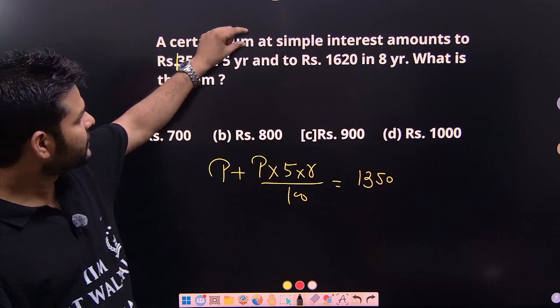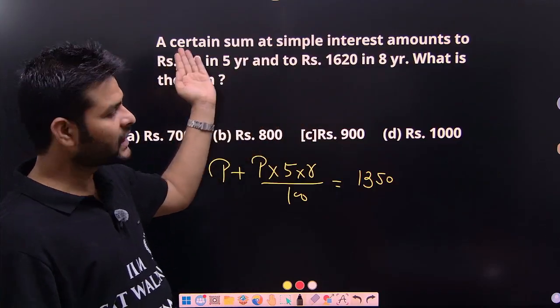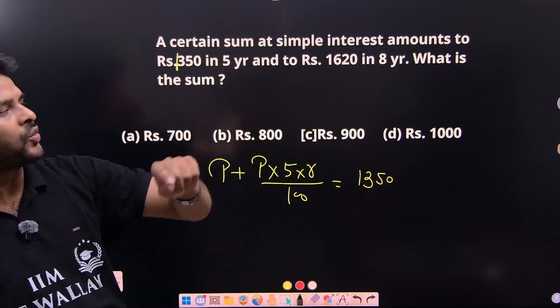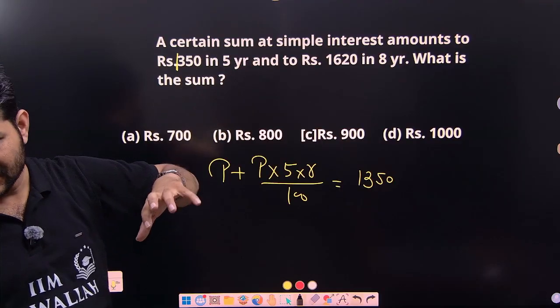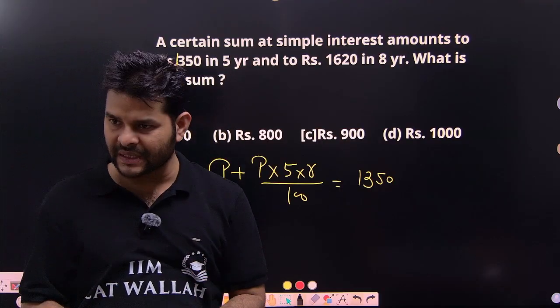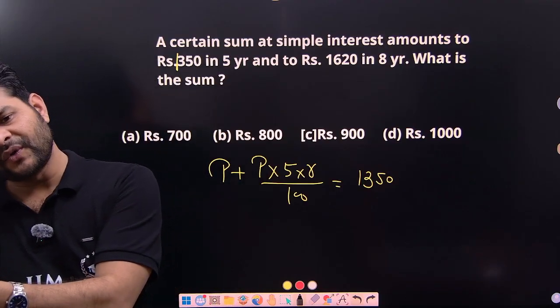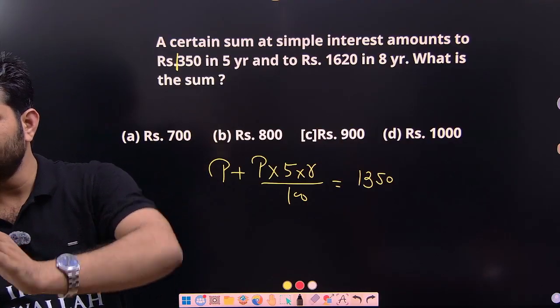A certain sum at simple interest amounts to, so basically sum converts into amount. Principal converts into amount in 5 years. So that means principal plus interest on that principal for 5 years, that total becomes 1350.